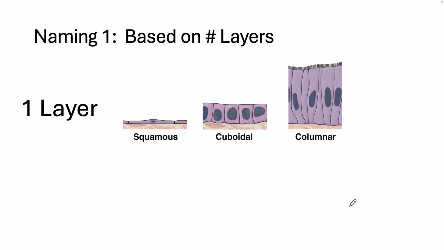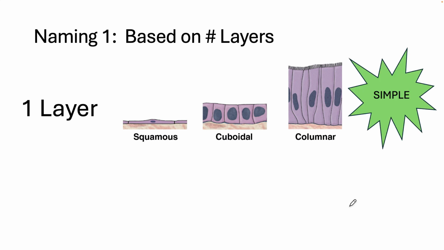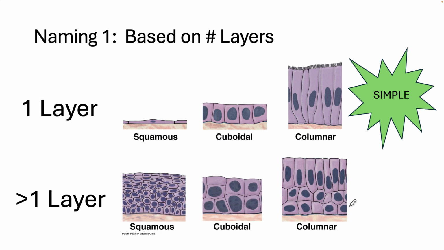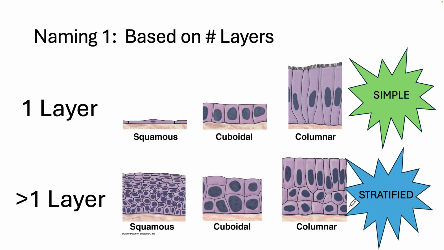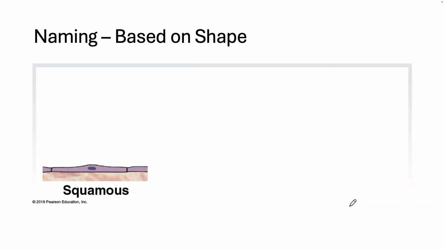When we name epithelial tissue, we start first by determining how many layers it has. If there is only one layer, we call it simple. If there is more than one layer, anything from 2 layers to 30 layers is called stratified. The second part of naming these tissues is based on shape.